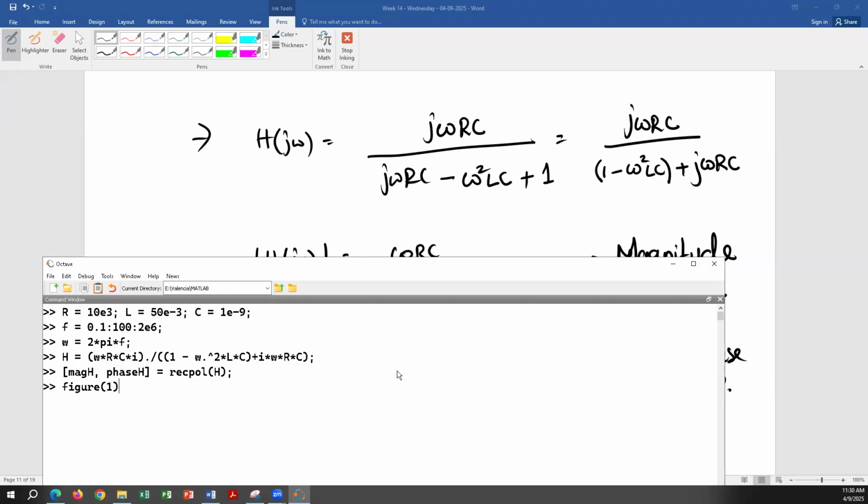And then I'm going to go ahead and plot the magnitude response and phase response in two different figures. So figure 1, I'm going to use semi-log x. I have f comma magnitude of H, and I'm going to increase the line width to be 2.